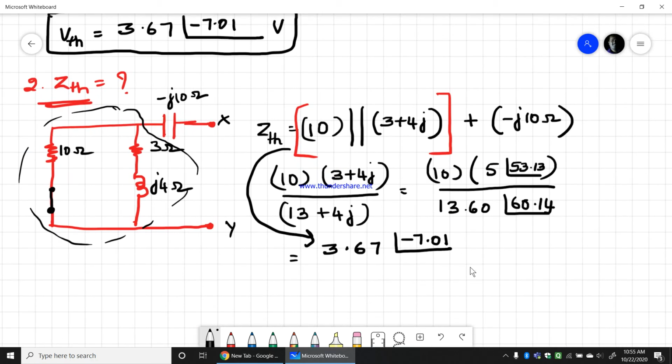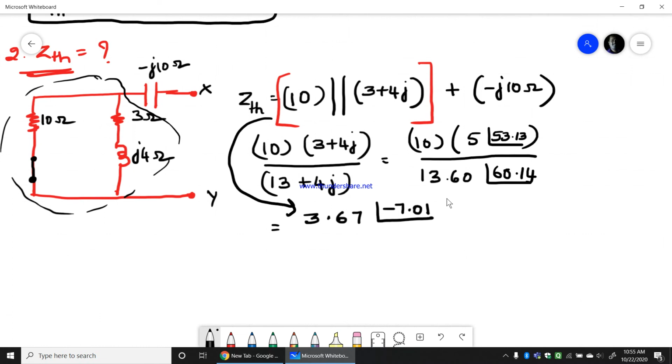Fine. So now this will be added with minus J10. Which is equal to, now this I will convert into polar. What will I get? Rectangular. So shift rectangular of 3.67 comma minus 7.01.